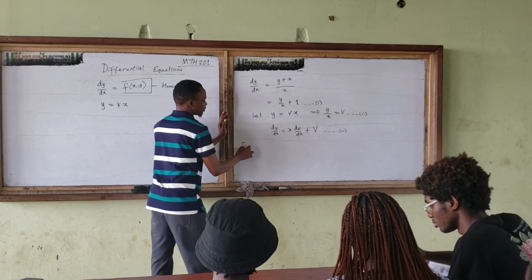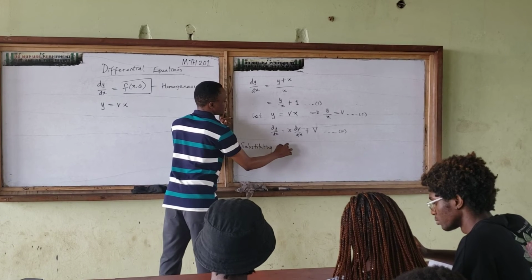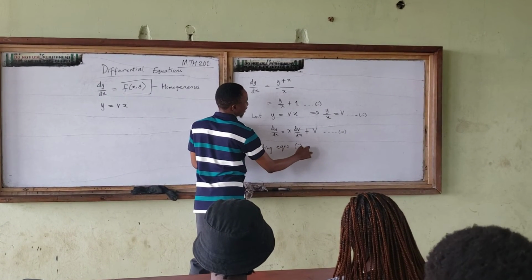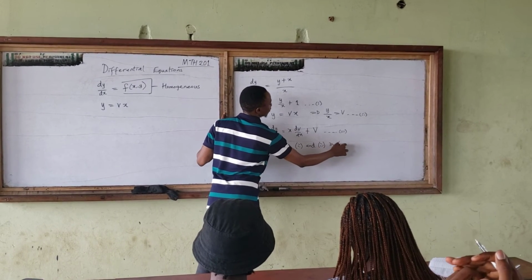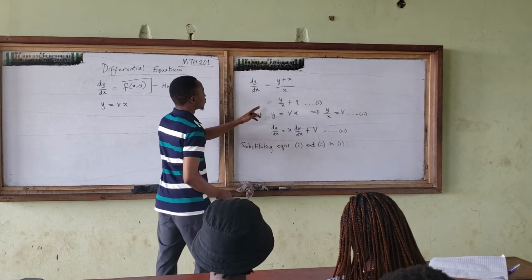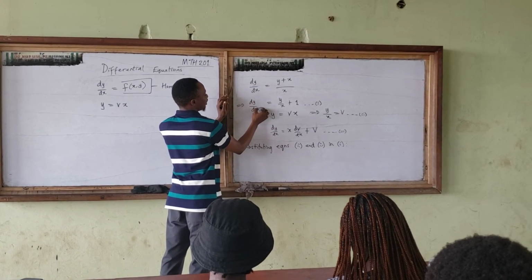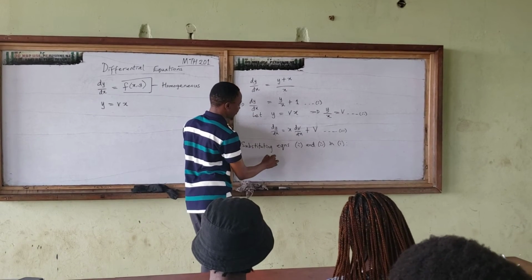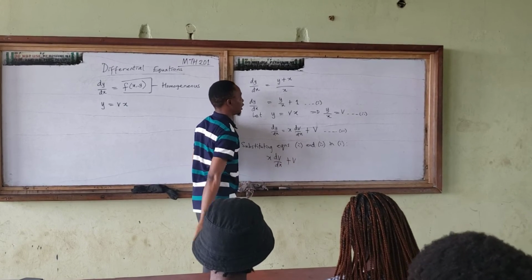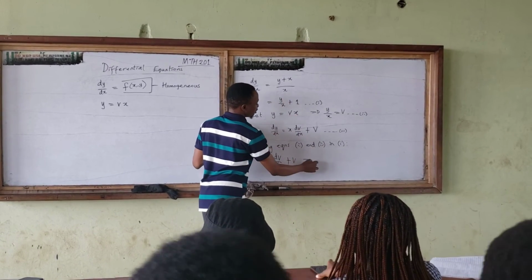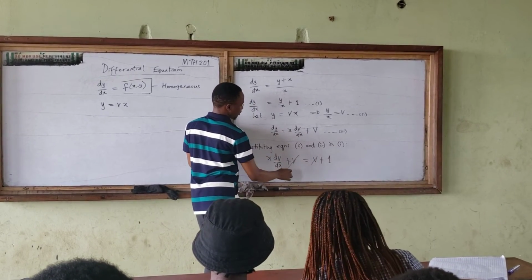So we are substituting equations 2 and 3 in 1. Instead of dy/dx on this side, we're going to have x dv/dx plus v, equal to v plus 1. So v without v, I mean.